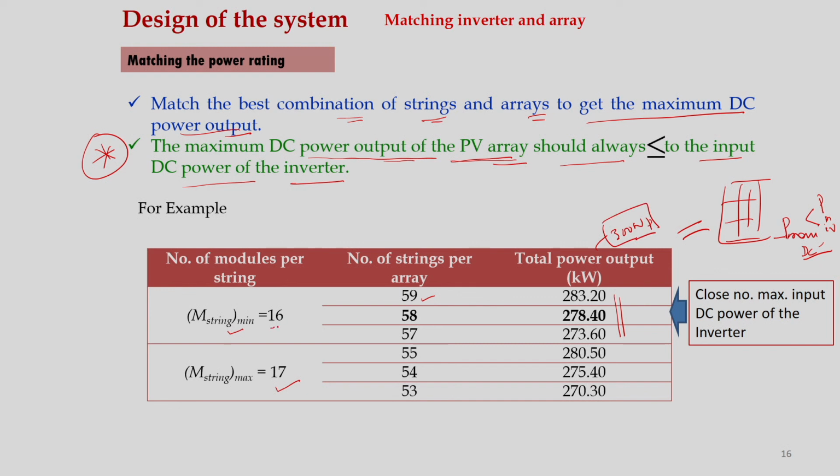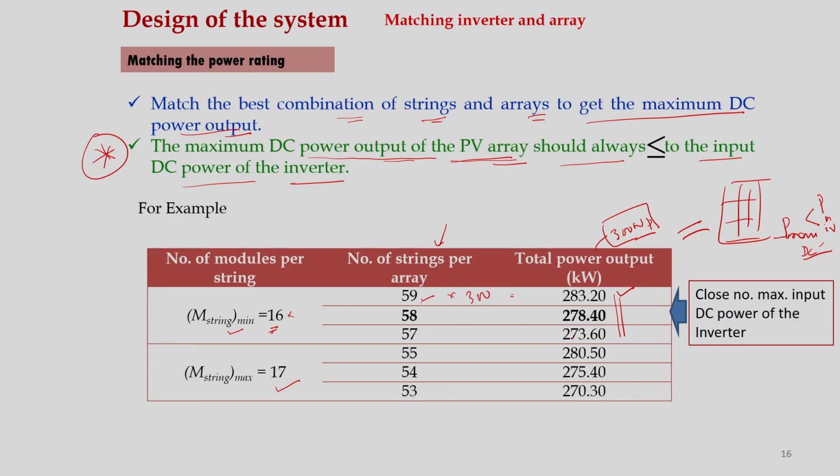If we multiply 16 into 59, say number of strings per array is 59 and number of modules is 16, then 16 multiplied by 59, multiplied by 300, we get this value.